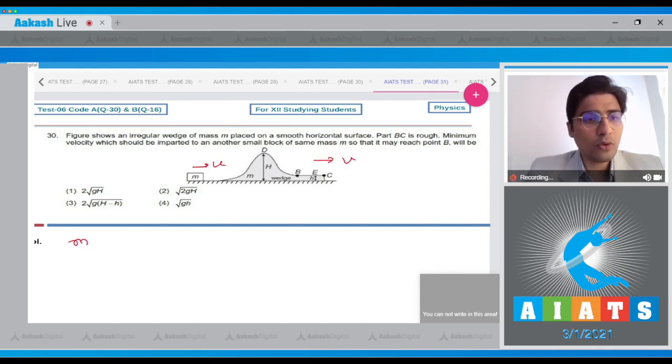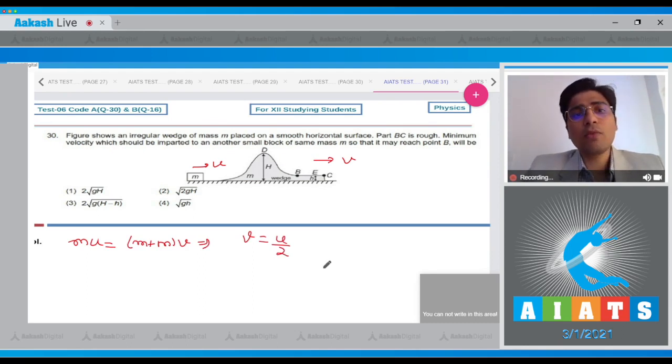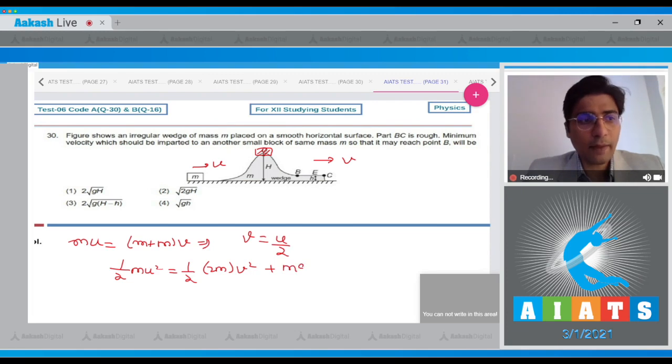We can write down that mu will be equal to (m plus m) v, or v will be equal to u by 2. If the small m reaches the top of this wedge, from the energy conservation we can write down that half mu square is equal to half into 2m v square plus mgh.